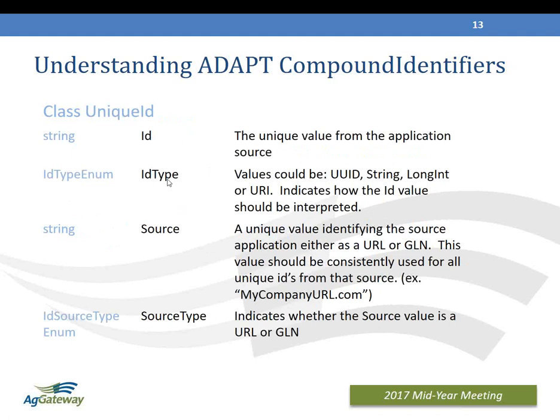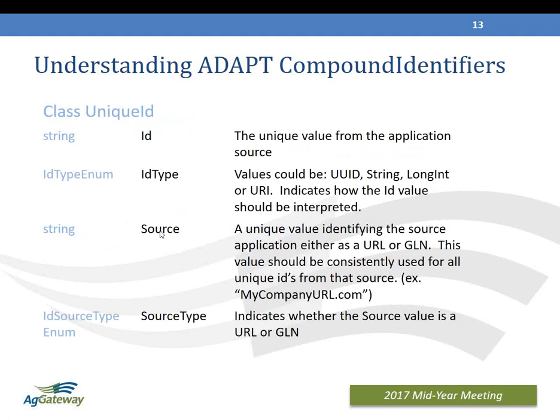They also record the type of value that is actually being represented in that ID. So my application could say that I use long integers to describe my unique IDs. And so while this ID is represented as a string within my system, I treat it as a long integer.